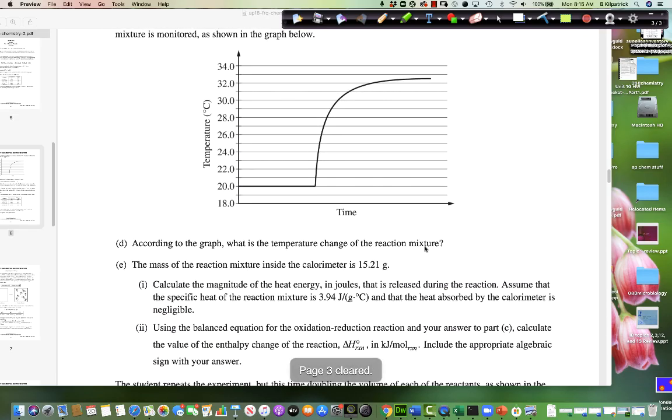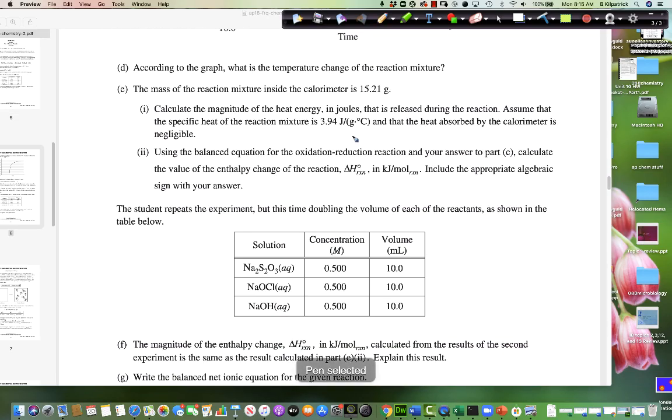So you have 5 milliliters, so 0.005 liters. The molarity was 0.5 moles per liter. And then in your reaction, for every 1 mole of reaction, you had to use 4 moles of the reactant.